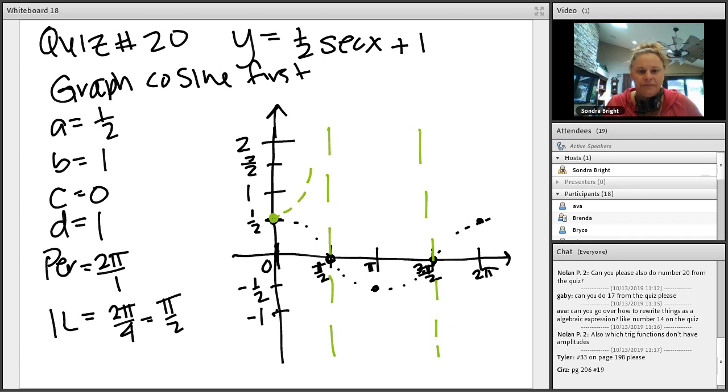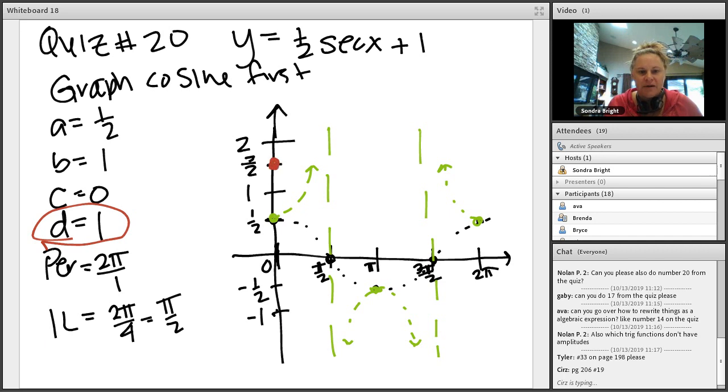Like that. And then this point will be the same, but it turns this valley into a hill, and then this point will be the same, and then it will shift up like that. All right, and then after all of that, I'm going to shift it up 1 unit. So that means 1/2 will go to 3/2.